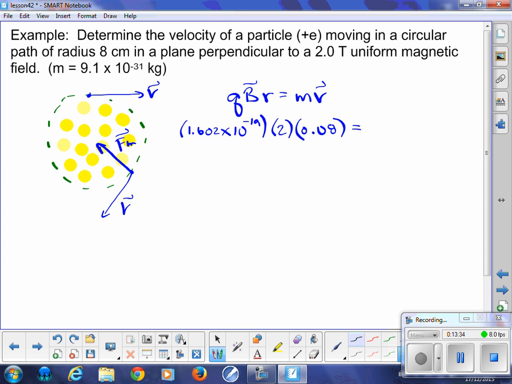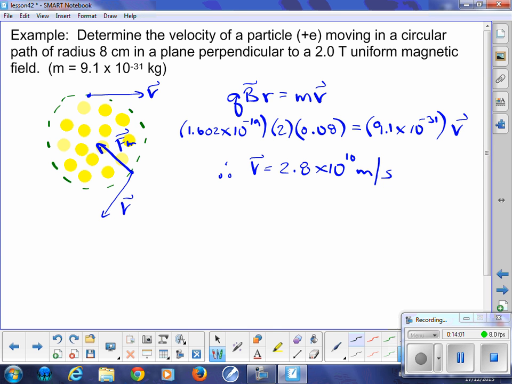And the mass is 9.1 times 10 to the negative 31 kilograms. Solving for our velocity, we get v equals 2.8 times 10 to the 10th meters per second.